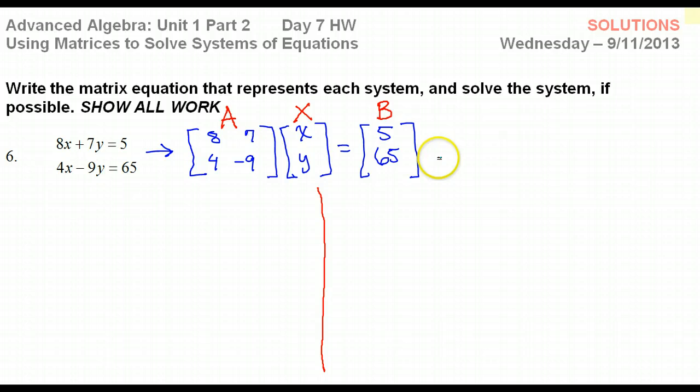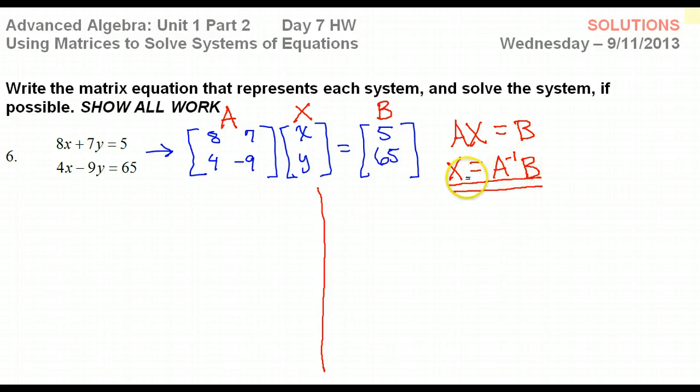Basically, what we start off with is matrix A times matrix X equals matrix B. But what we find is, if we want matrix X, we can get it by doing the inverse of matrix A times matrix B. So this is the key. This is what we're going to be doing over here.